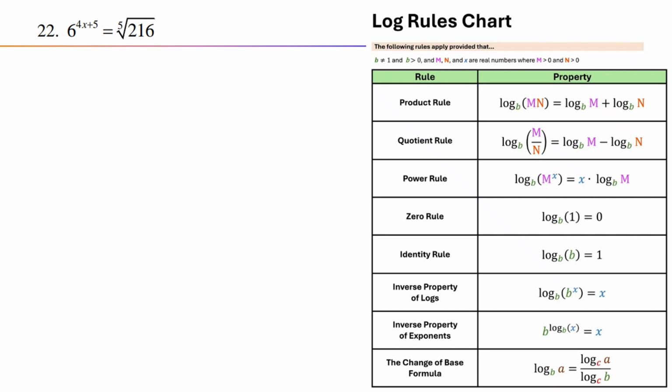Now, like I said, we should be familiar with the cube list from 1 to 7, right? From 1 cubed to 7 cubed. And this one, you see number 6, it's already a small number. So what about 216? You know that 6 times 6, 6 squared, is 36.